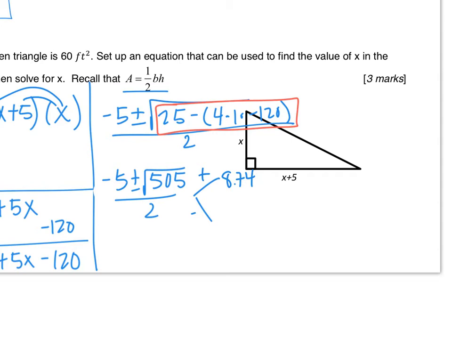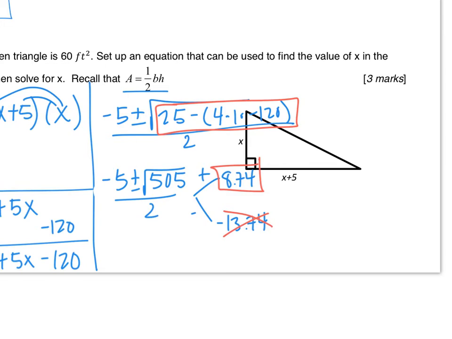Same thing down below, -5 minus the square root of 505, and then divide that by 2, -13.74. So now, looking at our two answers, it does not make sense to have a length that is negative. So I'm going to go with this as my one and only answer.